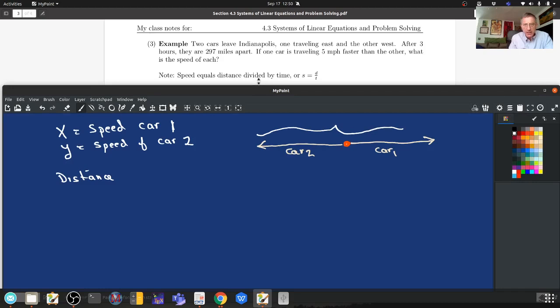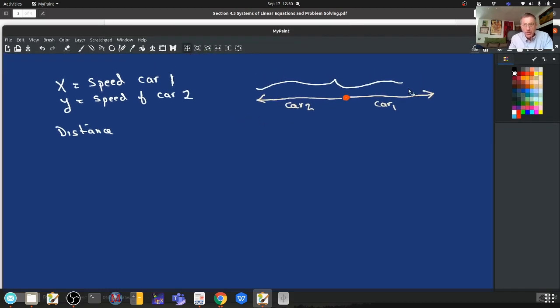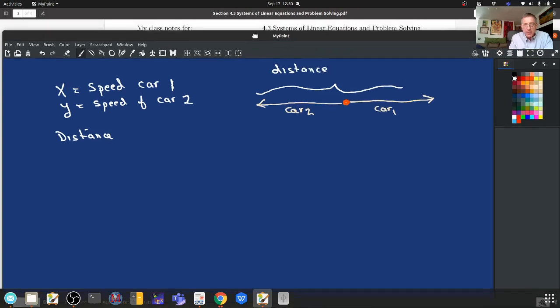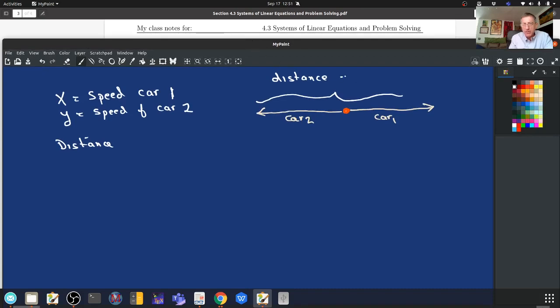So the distance, d, the total distance is given to be 297 miles. So if that's their end point and that's their end point, the distance between them, the total, is 297 miles.